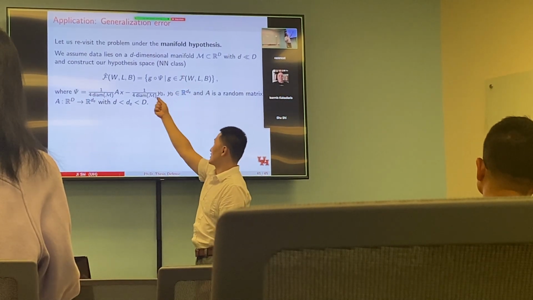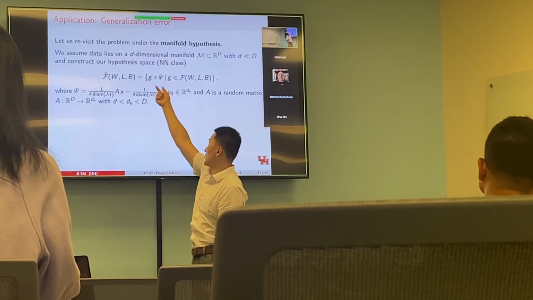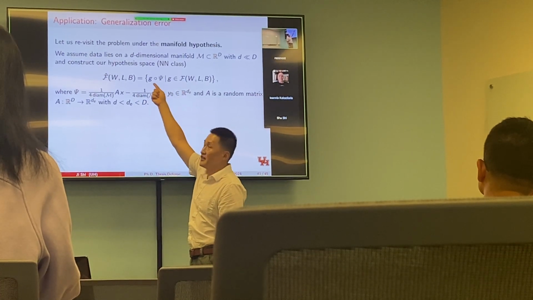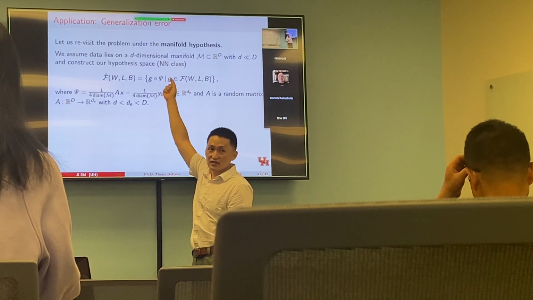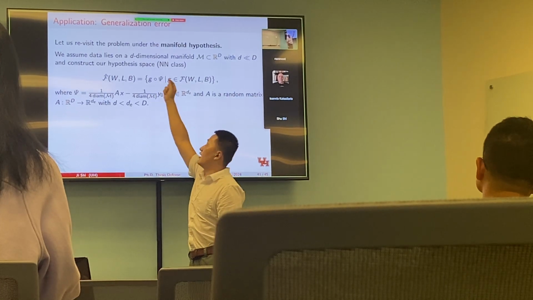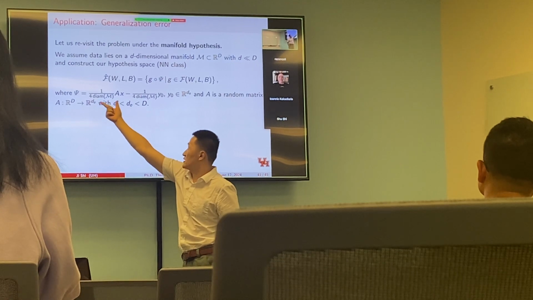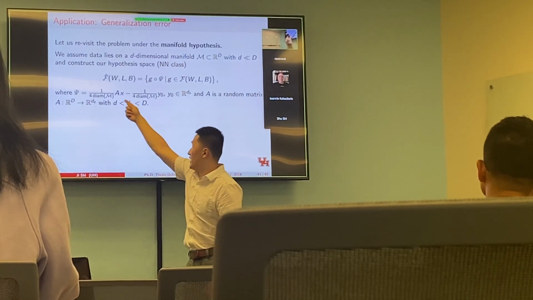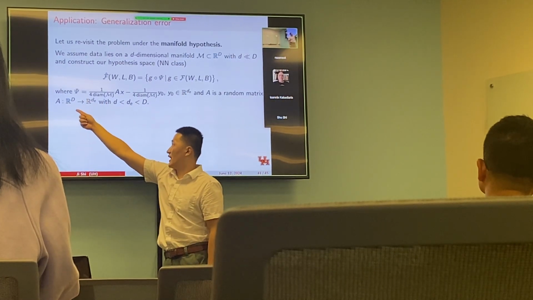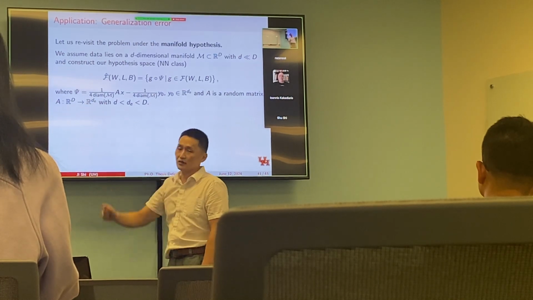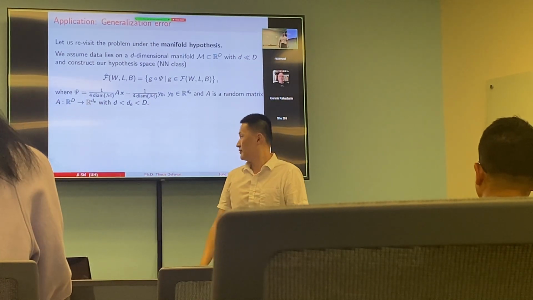This class consists of neural networks like this. G is a neural network composed with an affine map. The affine map is defined as follows. This A is a random matrix from R^D to R^{D_E}.